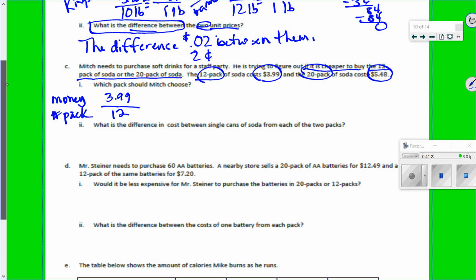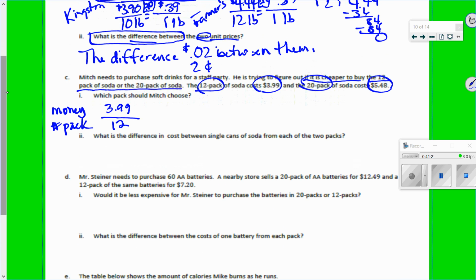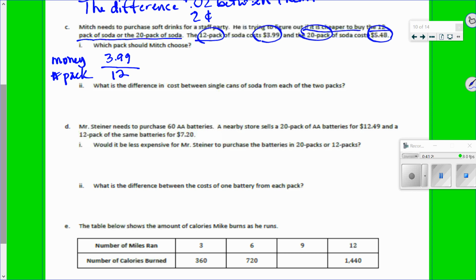That's what I'm looking for, right? My unit rate. So I want to put 1. How did I go from 12 to 1? Divide by 12. Okay, so I'm going to say $3.99 divided by 12.